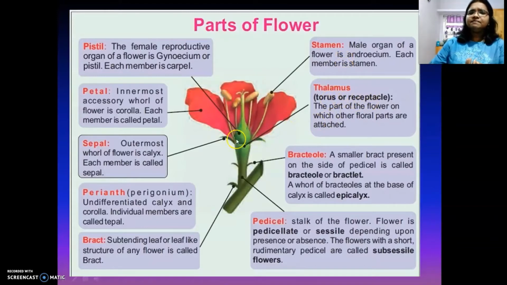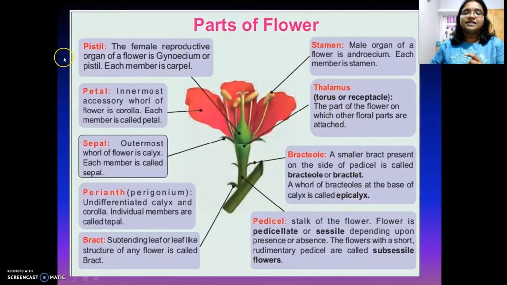Then in some flowers you could see, around the sepals, another whorl of green leaf-like scaly structures. We call them bracteoles. Bracteoles are smaller bracts. In the case of hibiscus, the shoe flower, you could see a whorl of bracteoles, and that is called the epicalyx.